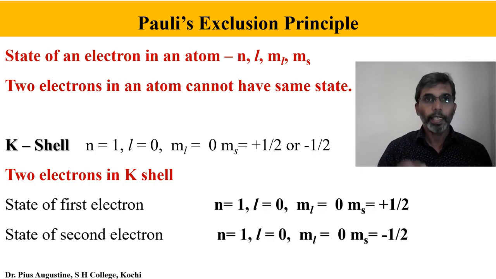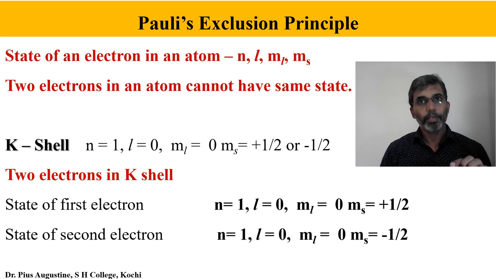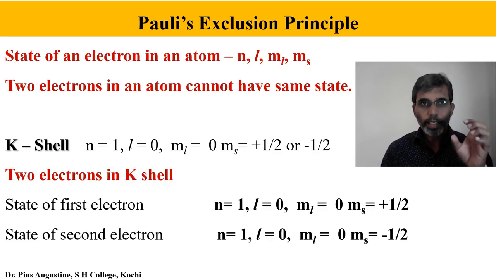So in K shell, l is equal to 0, ml is also 0. In the vector atom model, we have seen that ms always takes values plus half and minus half. So in K shell, there are 2 states.